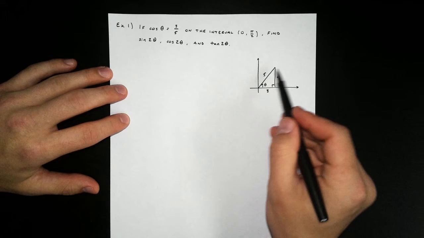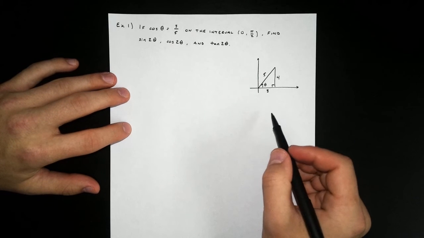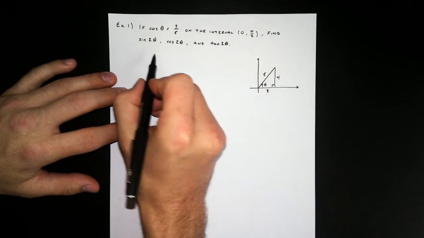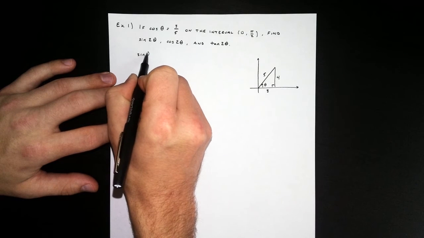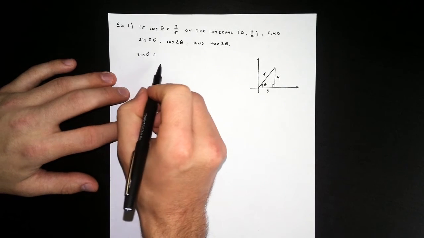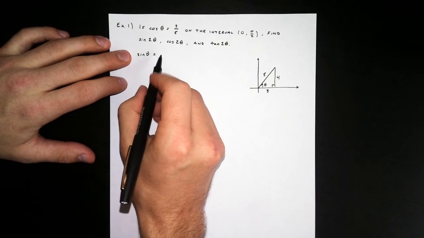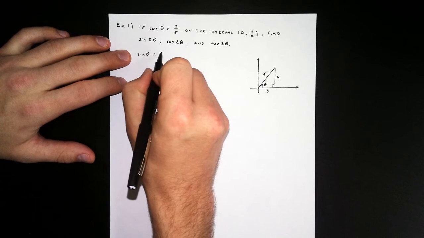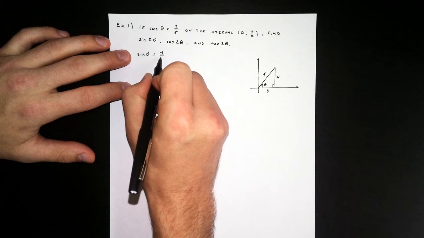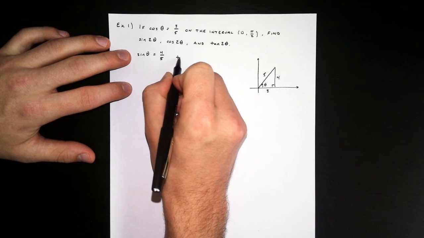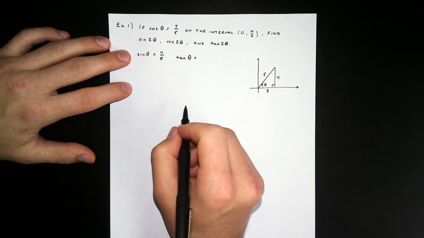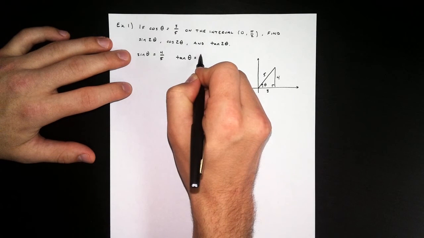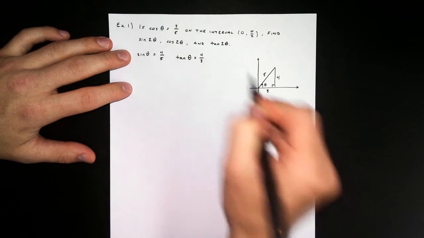Okay, so now that I have all those sides, I can figure out our other two trig ratios. The sine of theta is equal to the y value divided by the hypotenuse, so this is 4 over 5. And then the tangent of theta is y over x, so this is 4/3.